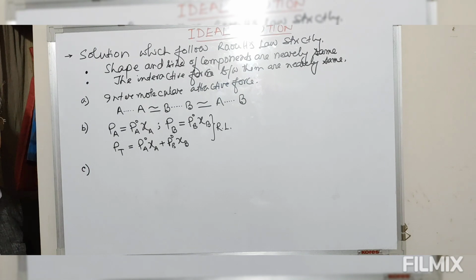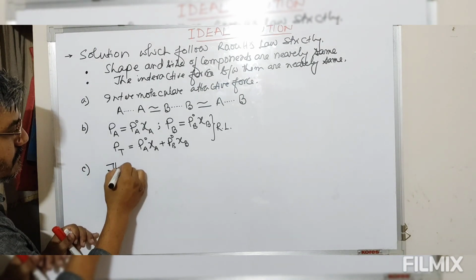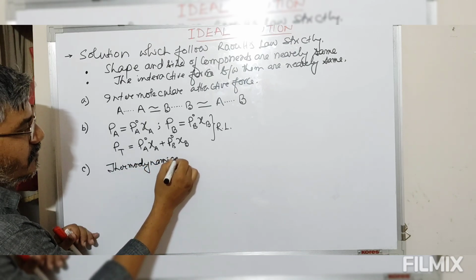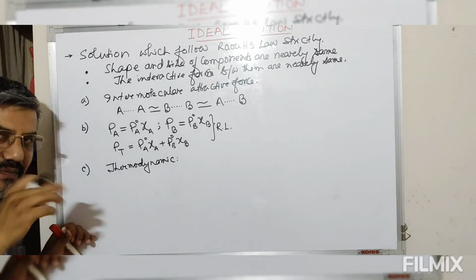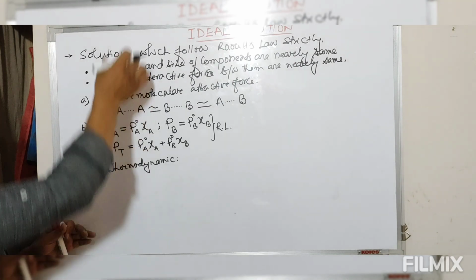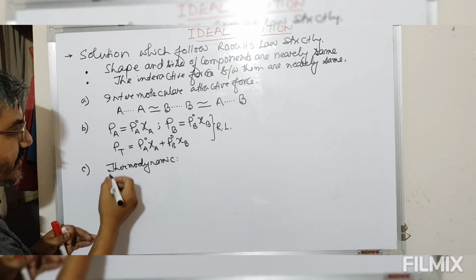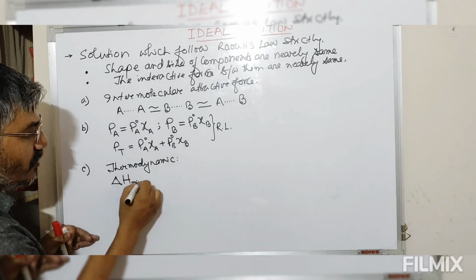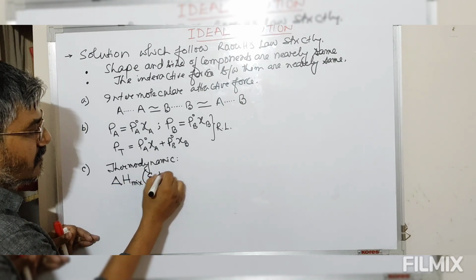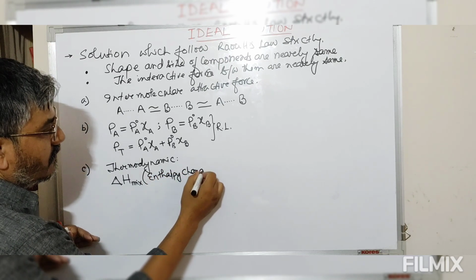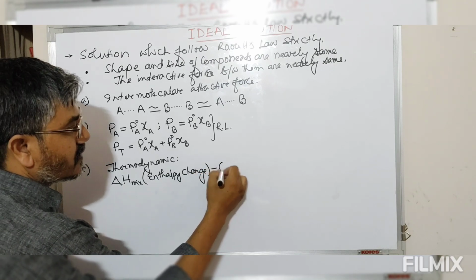Now the thermodynamics says, now we are mixing these components A and B. During this mixing, enthalpy may be changed. Now for a solution which follows this condition, that is ideal, delta H, that is enthalpy change during the mixing of A and B, is 0.